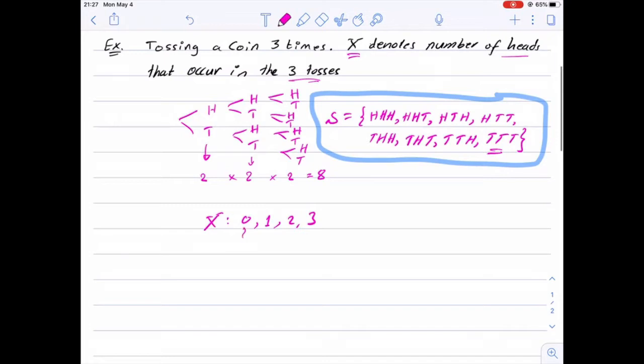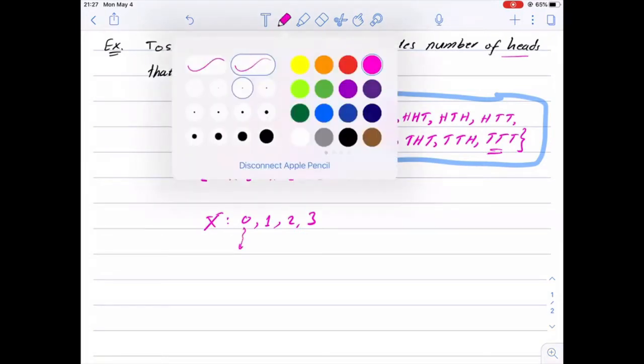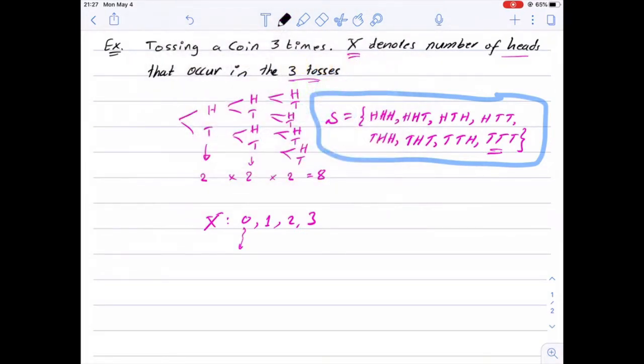So for example, 0 is assigned to the outcome tail, tail, tail. 1 is assigned to the outcomes where head appears just once.